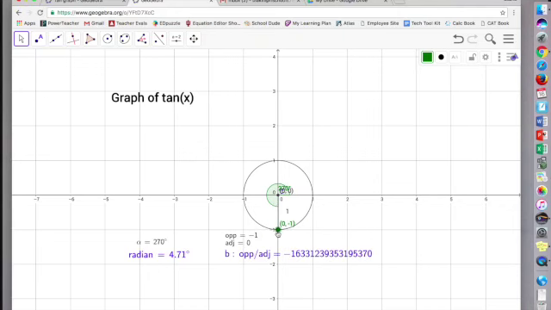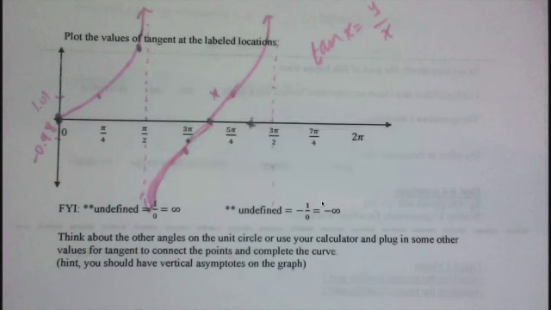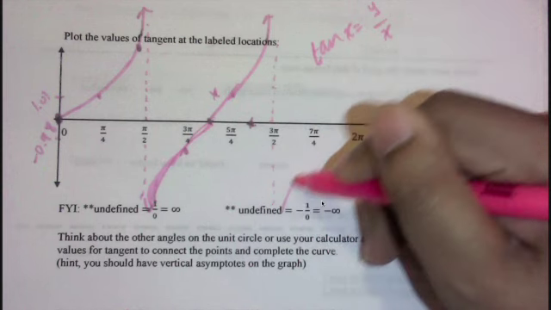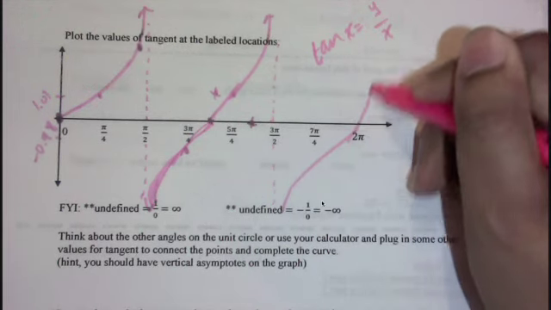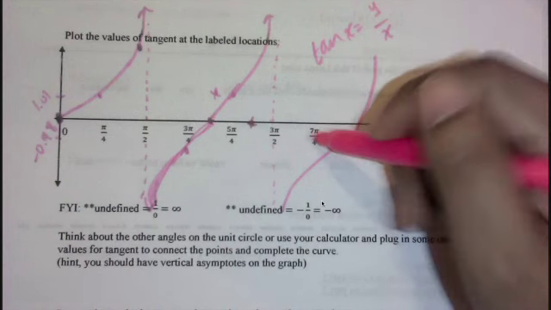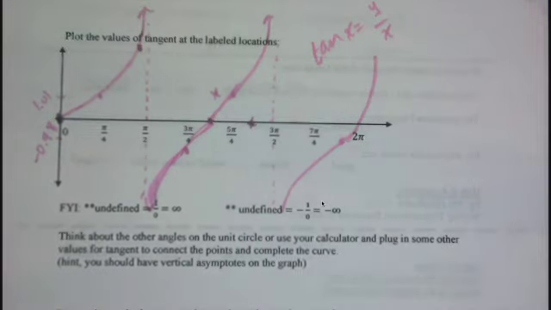So that's where I get my negative infinity. And then it starts out at a negative again and crosses back at 2 pi. So the tangent value starts at negative infinity and goes like this. And 7 pi over 4 will have the same tangent value as 3 pi over 4. So this is what our graph should look like.